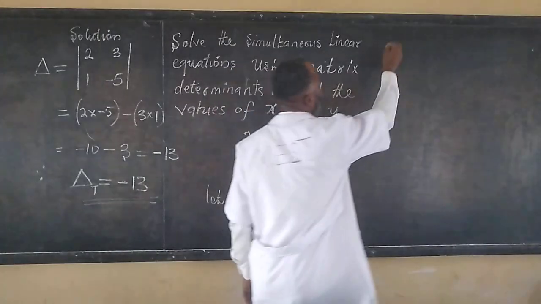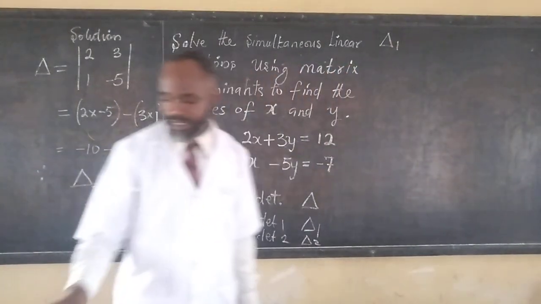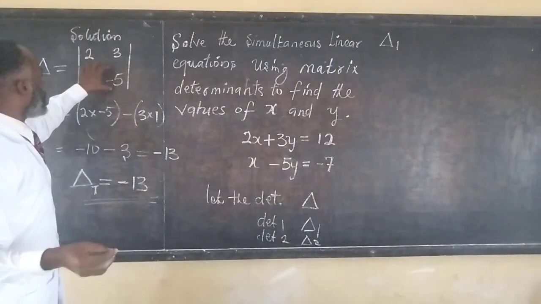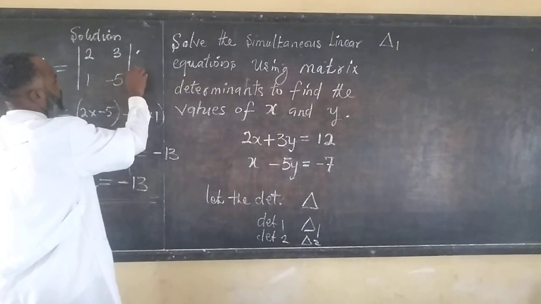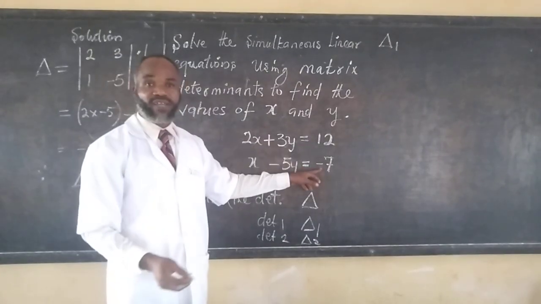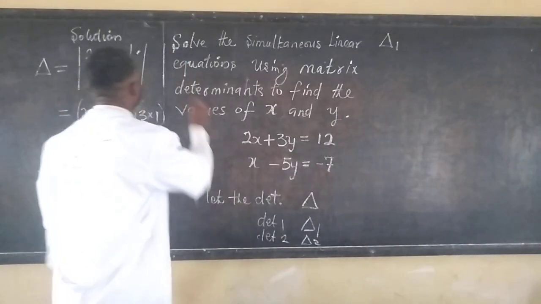So let's find the determinant 1. How do we find that? But before, let's go back to this. We have the constants. The constants are 12 and minus 7.